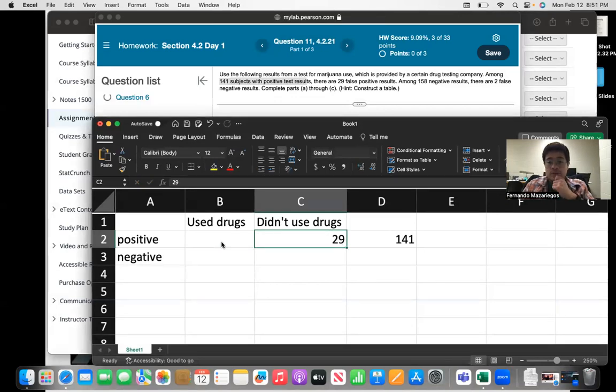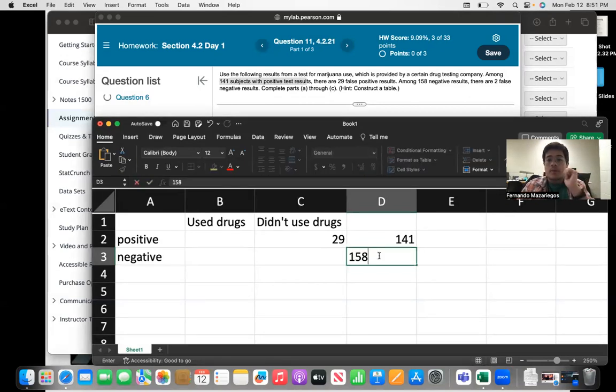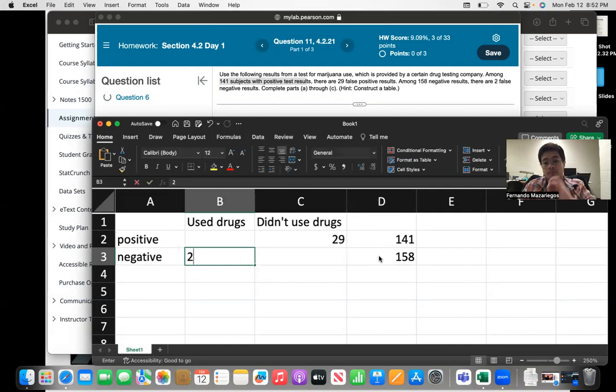We are also told that we have 158 negative test results. Those go here. And there are 2 false negative results. What does that mean? It means that the result is negative, but it's not correct. So that means that they did use drugs. So those 2 go here. These are false negative test results because the tests say they didn't use drugs, but they did use drugs. Now, how do I know how many true positive results we got?